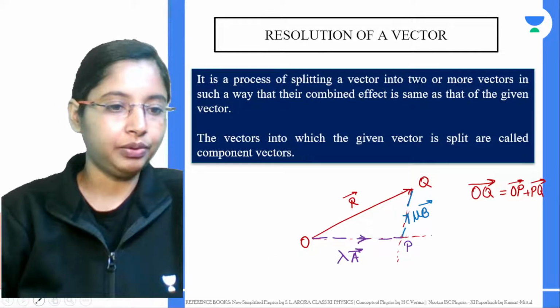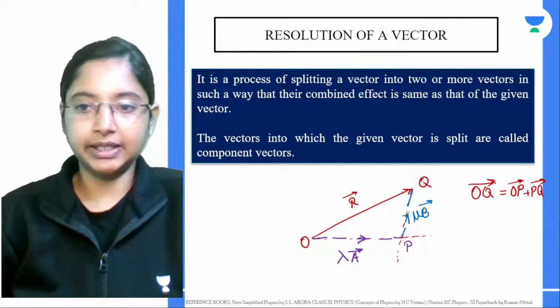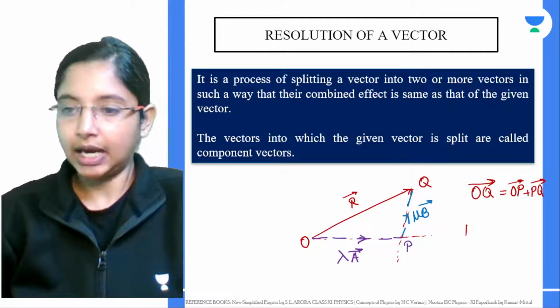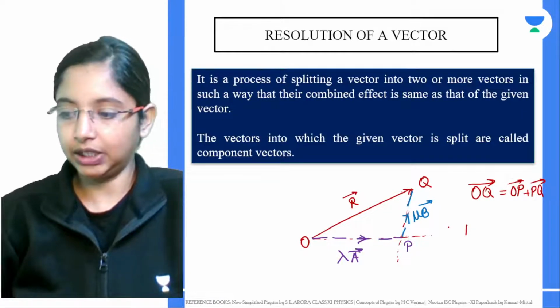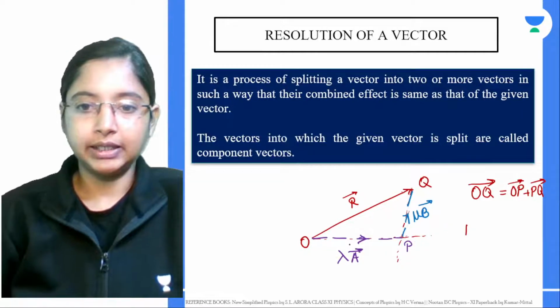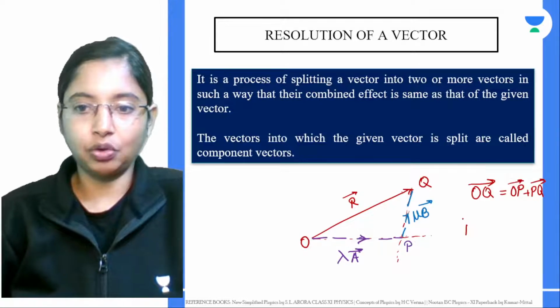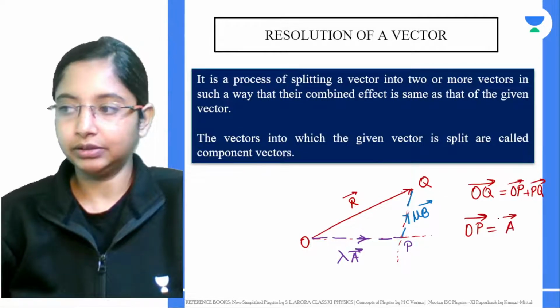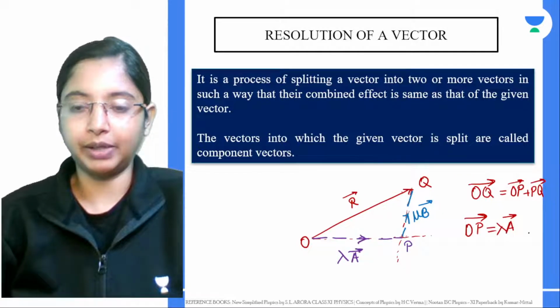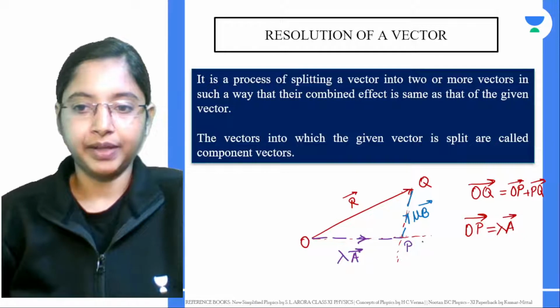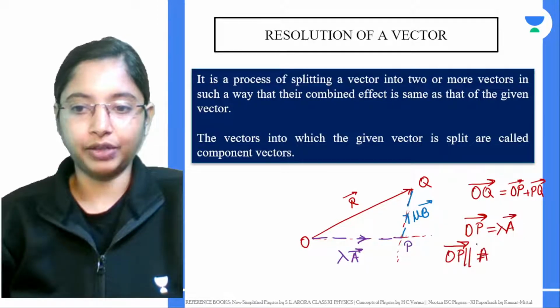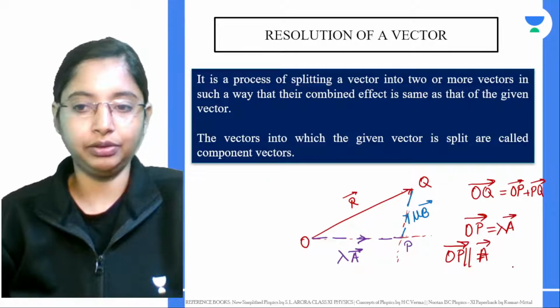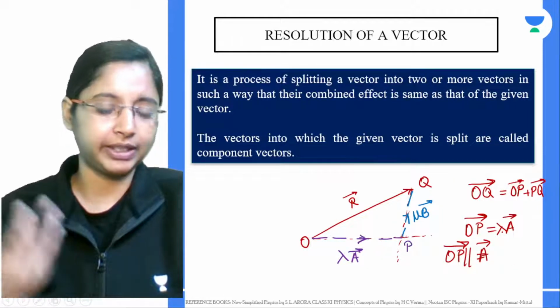Now from here we can say, this OP that we are seeing is parallel to A vector, and it is equal to lambda into A, lambda being a scalar quantity, some magnitude.